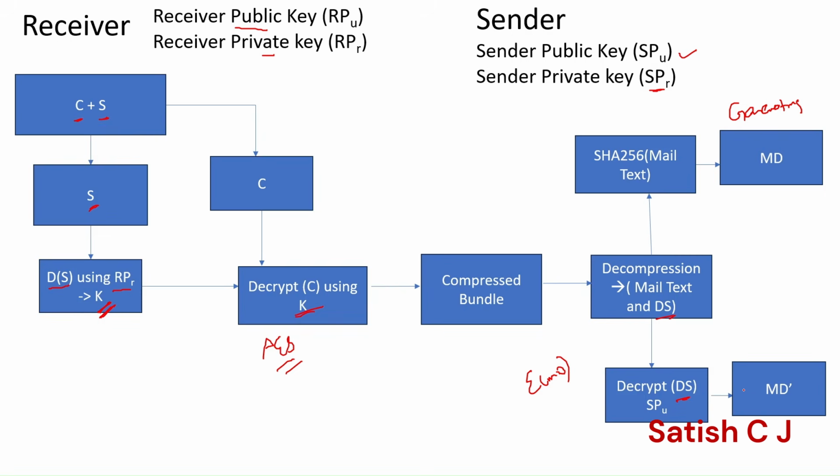Here when we decrypt it, we get the message digest back. This is the message digest we have received. This is the message digest we have generated, and we compare that. When the generated message digest equals the received message digest, we are very sure of the mail being authentic and we have received it from the sender.